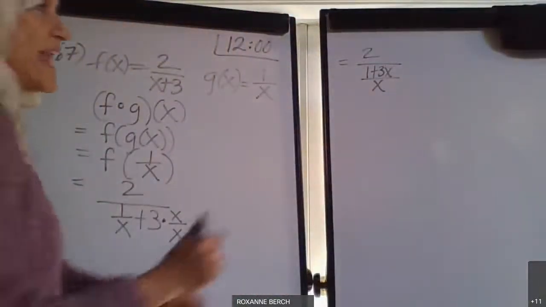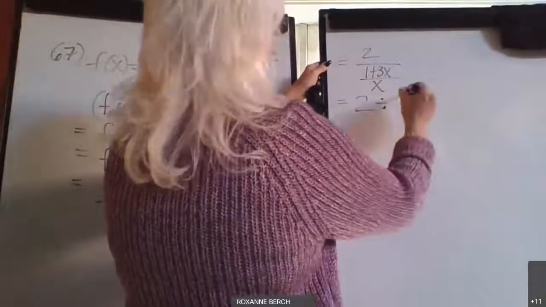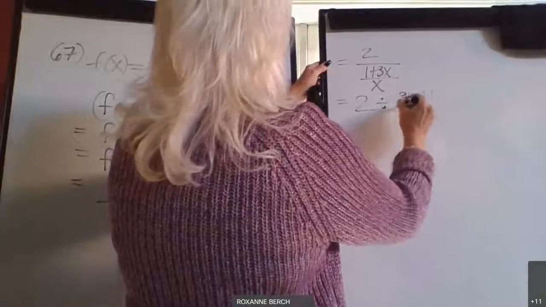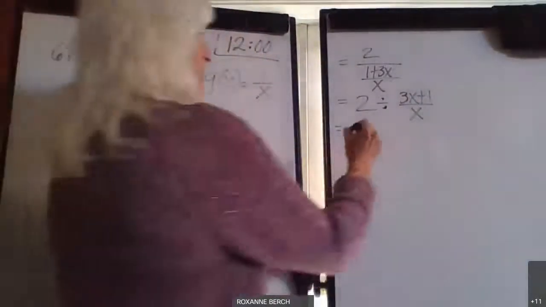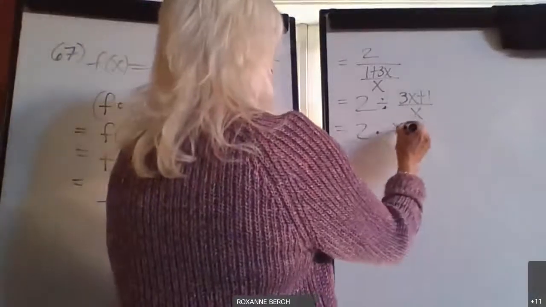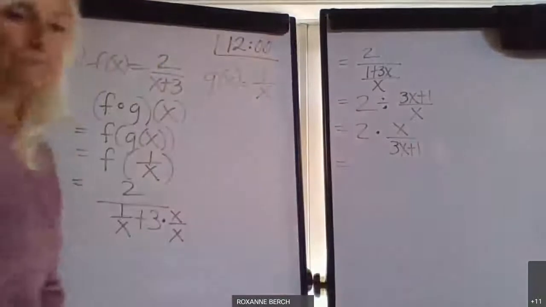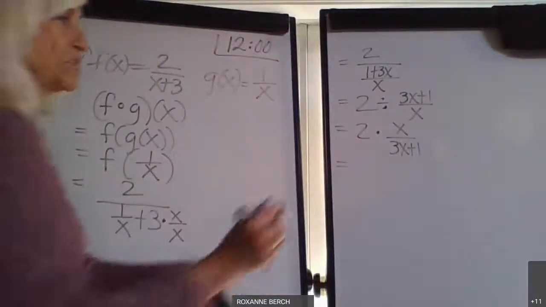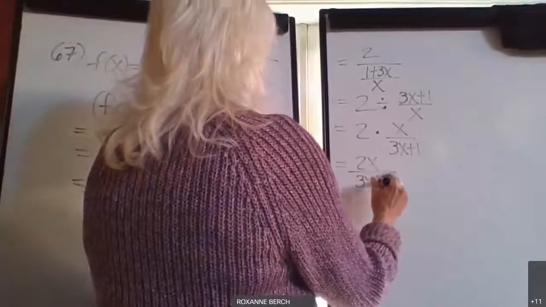So now you take the stack and lay it out flat, which would be 2 divided by, I'm just going to write 3x plus 1 over x. Change it to multiply and take the reciprocal. So your composition is 2x over 3x plus 1.